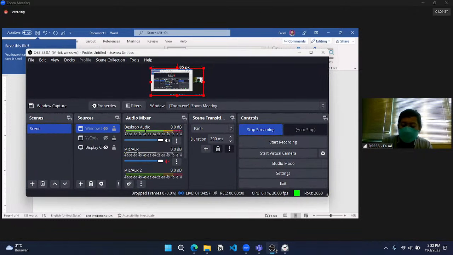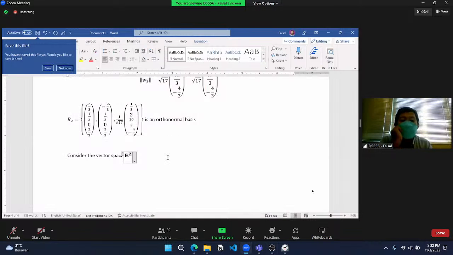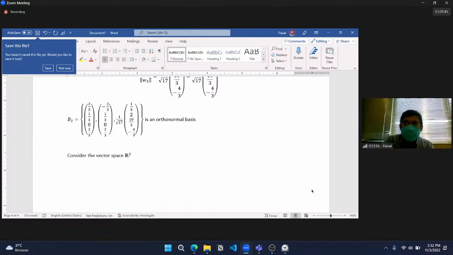Okay, we can just put R2. So one orthogonal basis of R2 is the standard basis. Standard basis is an orthogonal basis.